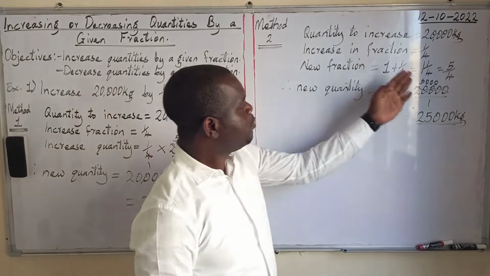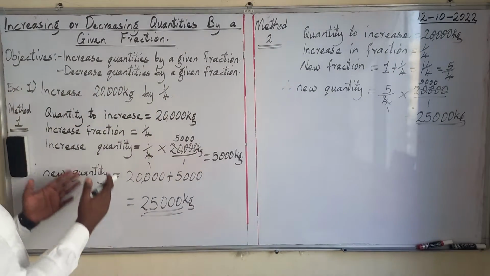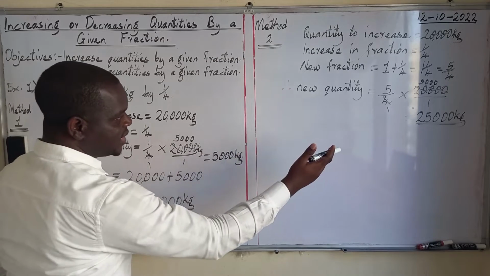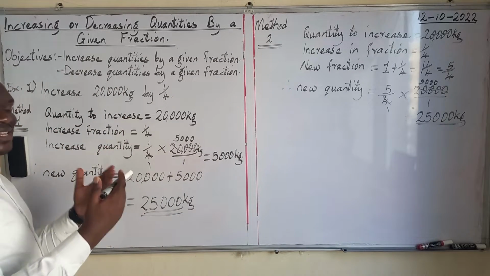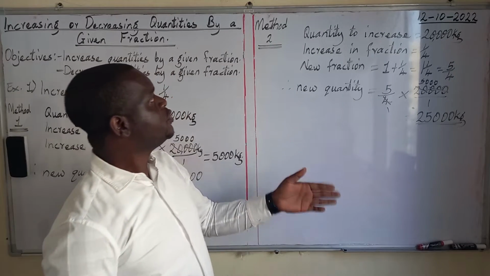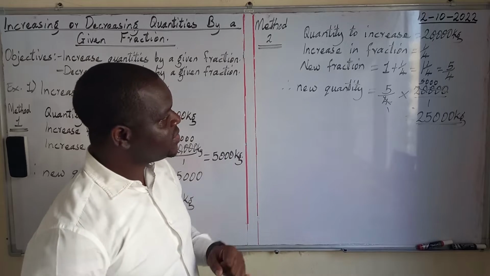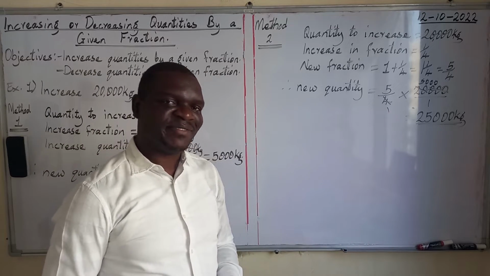If you look at both answers, they are the same. And the solving may be different, but the answers are the same. So it depends on you which one is better or can easily be applied. You can use method 1 or you can use method 2. Let us now move to decreasing quantities by a given fraction.